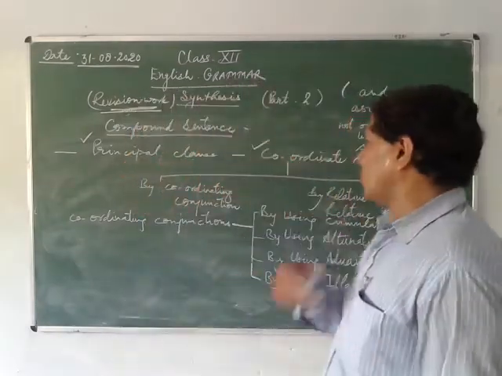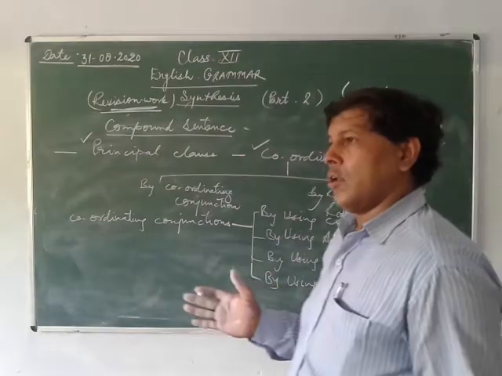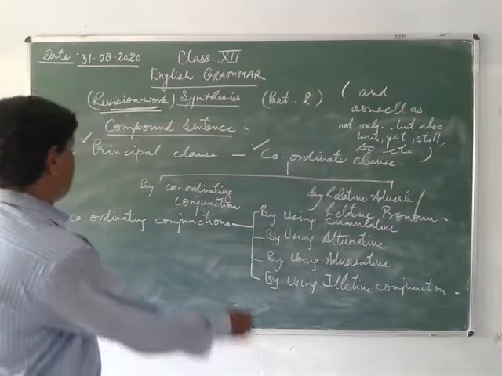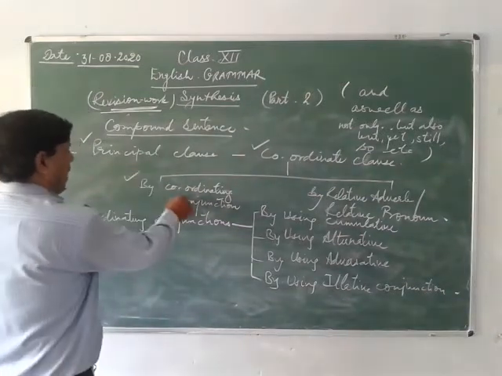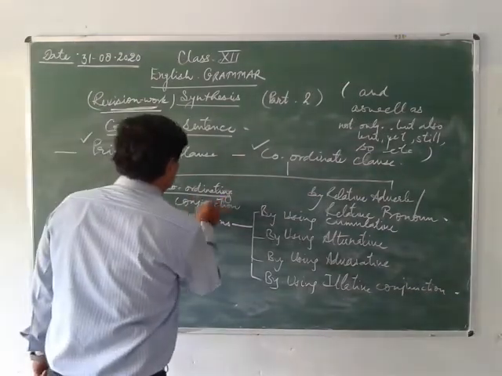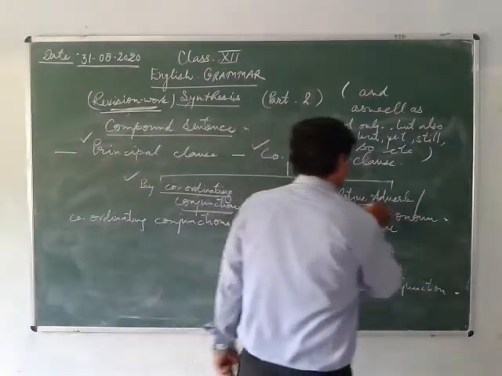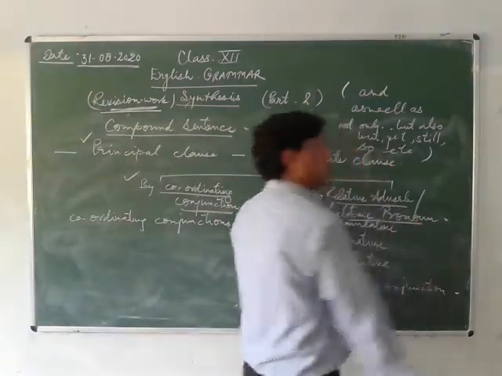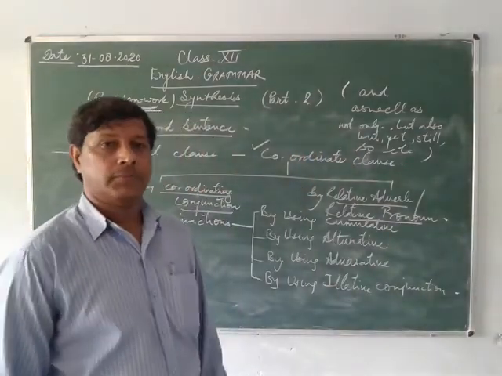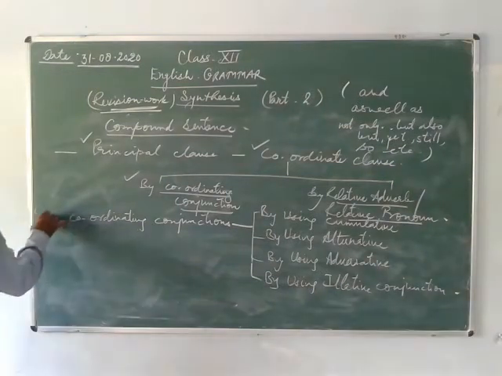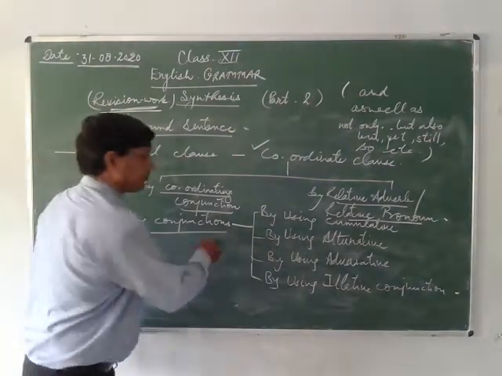Now, I would like to give you two different uses of the coordinate clause. You can see here, first by using coordinating conjunctions, and second by using a relative adverb or relative pronoun. So take the first one, coordinating conjunctions.